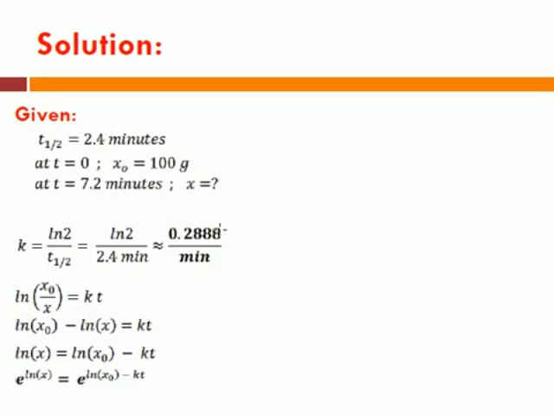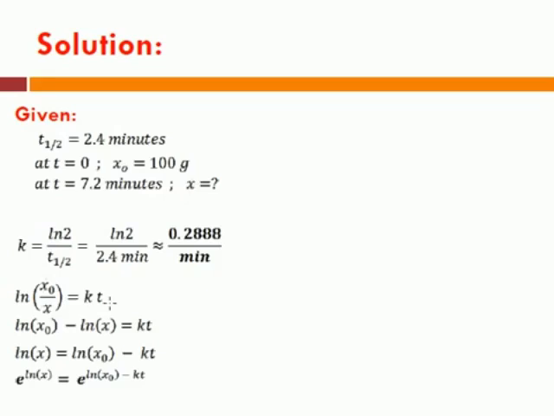So, we can use the formula ln x sub o over x, because we have the initial amount, initial time, and the value of t here, and we're being asked for the present amount. So, we can use the formula ln x sub o over x is equal to kt.